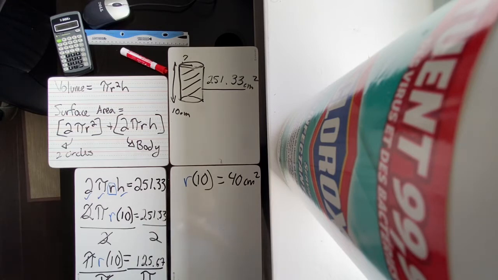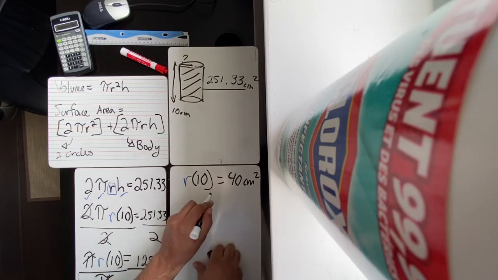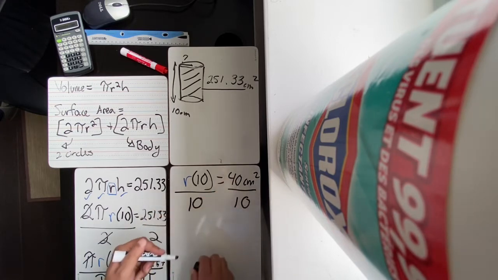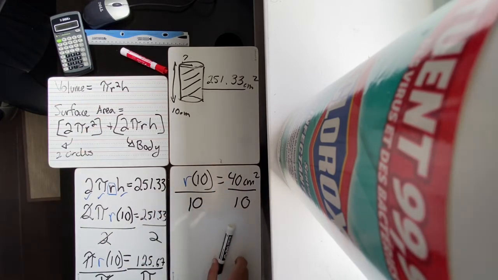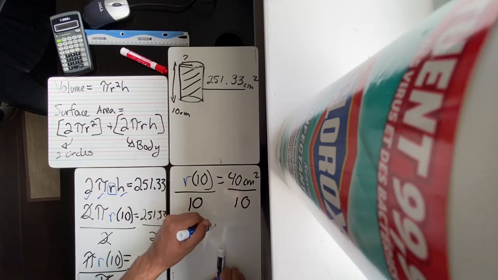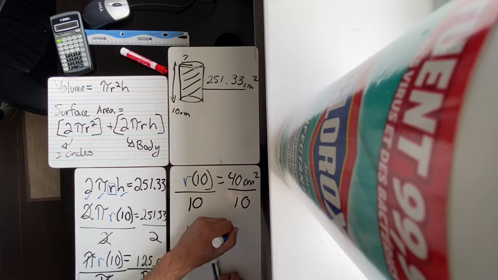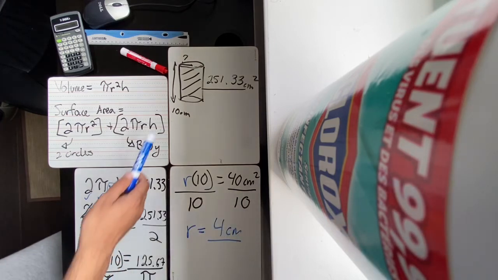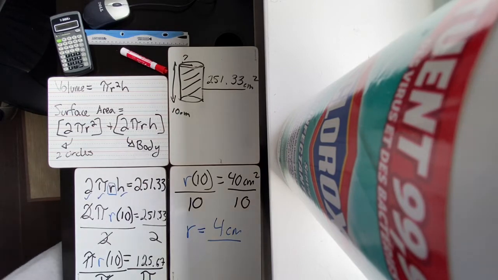The last step here, you probably guessed it by now, we're going to divide this side by 10. We'll divide this side by 10. So we're left with only r on this side and 4 on this side. What does this mean? It means that our initial cylinder up here has a radius of 4 centimeters.